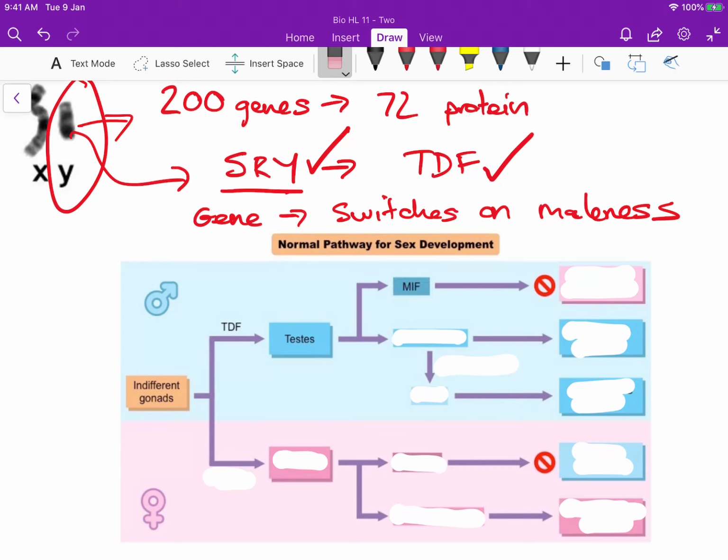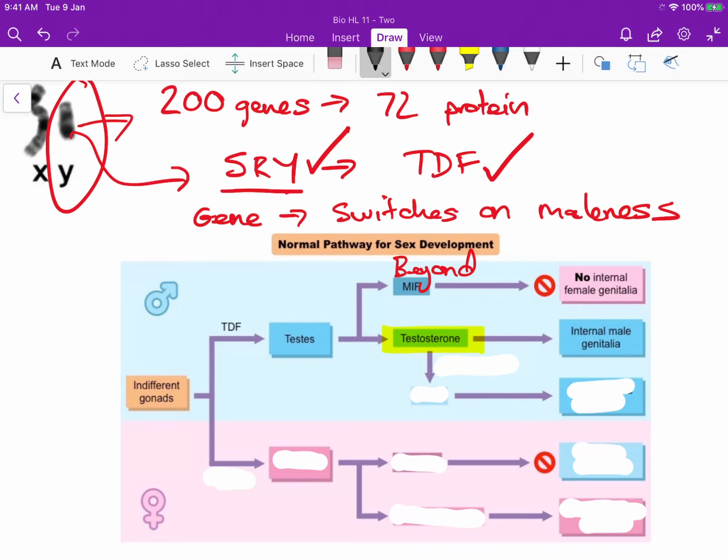One, MIF, it inhibits female genitalia being produced. And this bit here is a bit beyond the syllabus. So there's one inhibitory. The thing that we might be asked about is the testes cause the release of testosterone. And so as they release testosterone, we're going to get the stimulation.